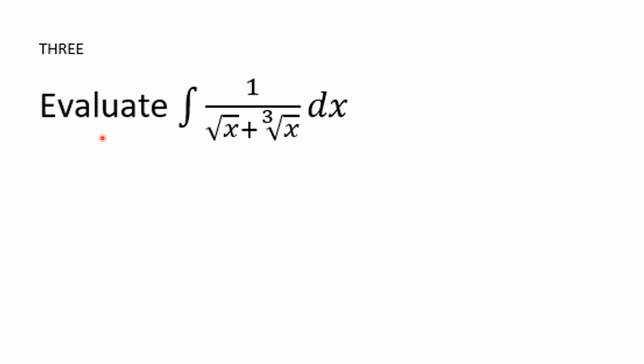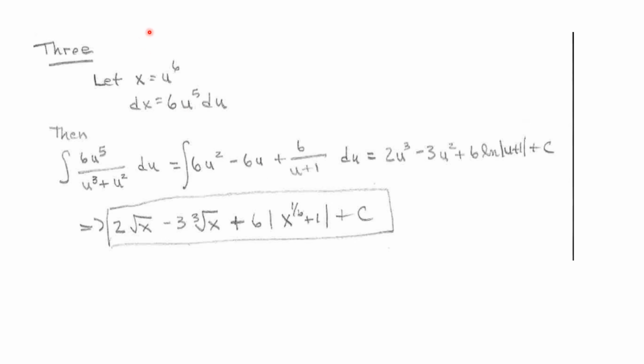The third problem involved a little bit of thought about the substitution to use for this indefinite integral. You have an index here of 2 for the root, an index here of 3. So that motivates you to consider x equal u to the 6th, and dx then would be 6u to the 5th.